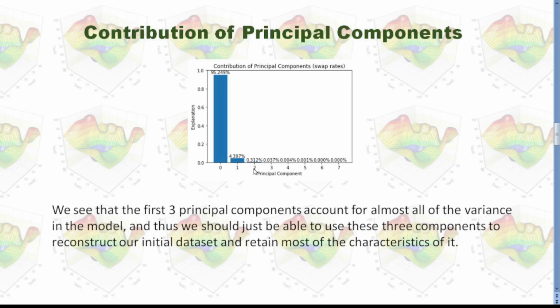And the third one explains 0.312% of the changes. So we see that the first three principal components account for almost all of the variance in the model, and thus we should be able to use these three components to reconstruct our initial data set and retain most of its characteristics.